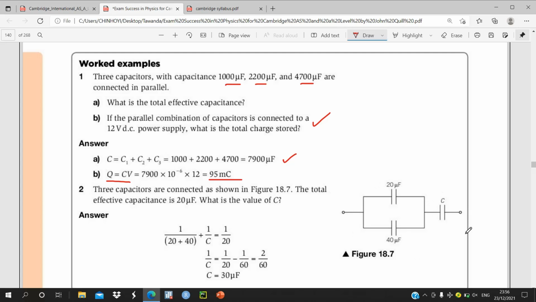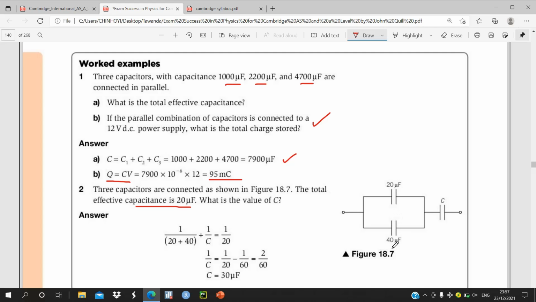Then on question number 2, 3 capacitors are connected as shown in this diagram. We have these 3 capacitors. The total effective capacitance is 20 microfarads. What is the value of this capacitance? As you can see here, these two are connected in parallel, so the total here is 60.